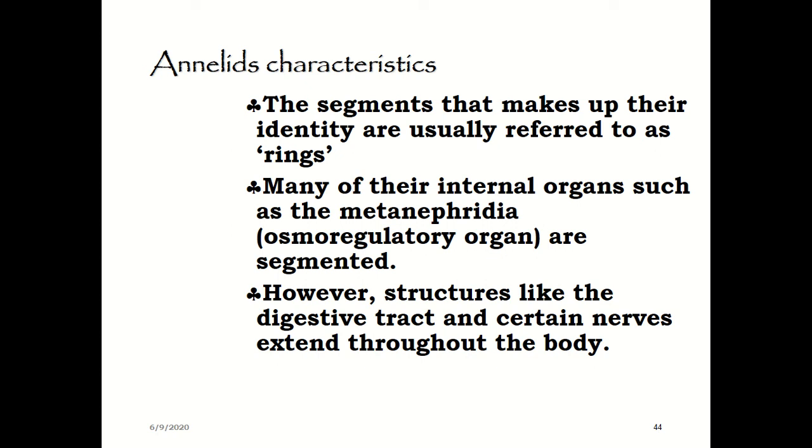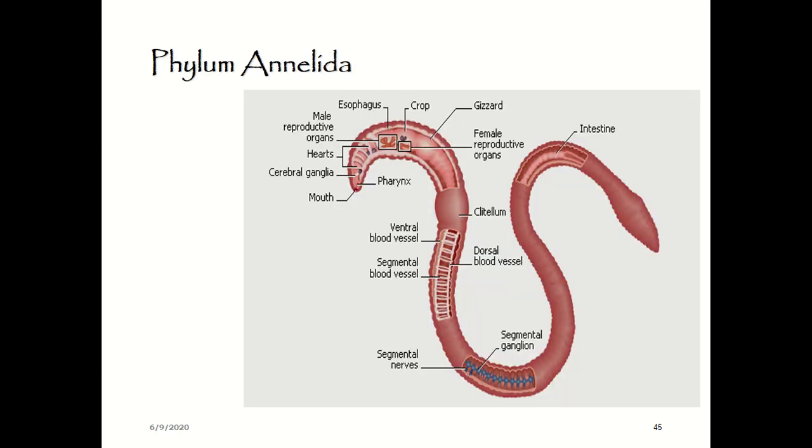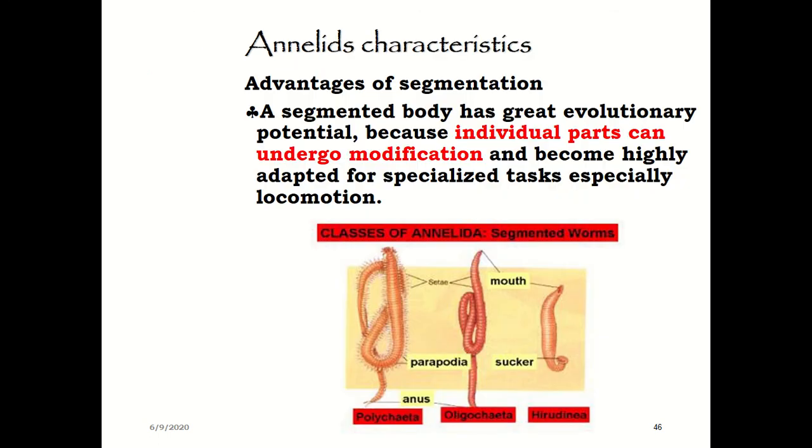Many of their internal organs, such as the metanephridia, which are osmoregulatory organs, are also segmented. However, structures like the digestive tract and certain nerves extend throughout their body. So this is how the groups of annelids look. I will explain more details.